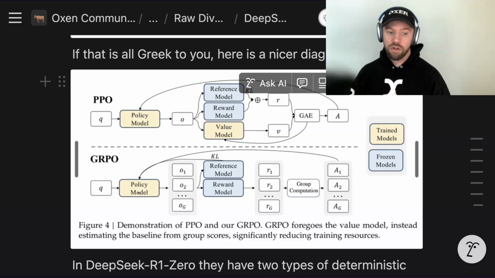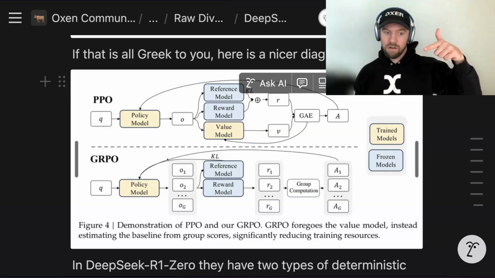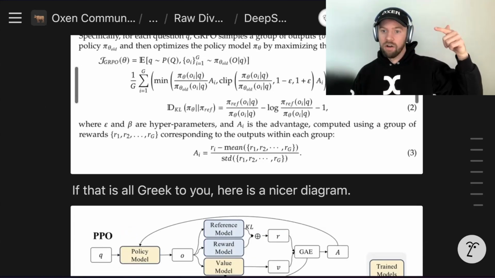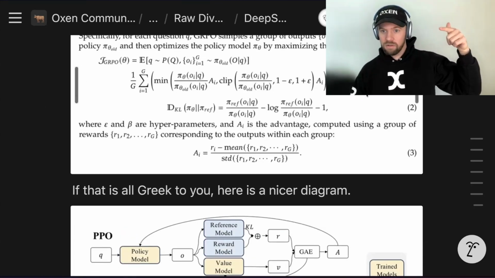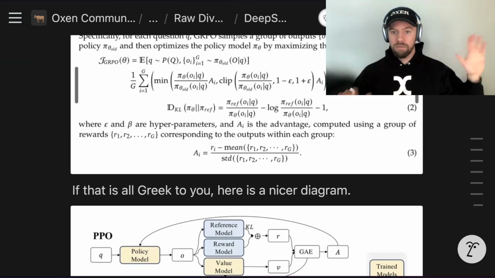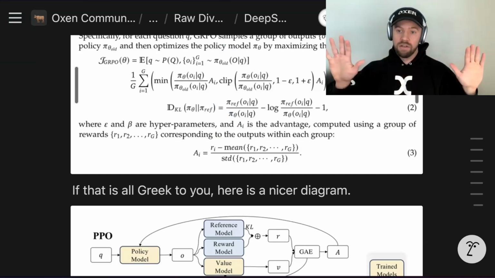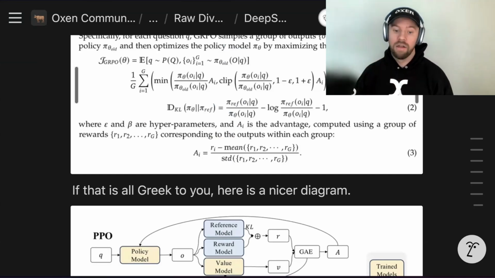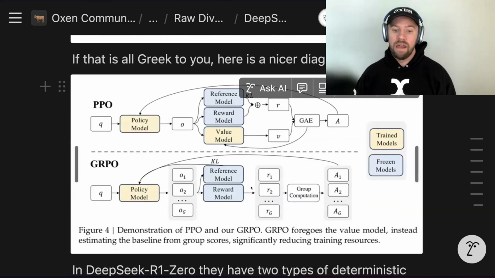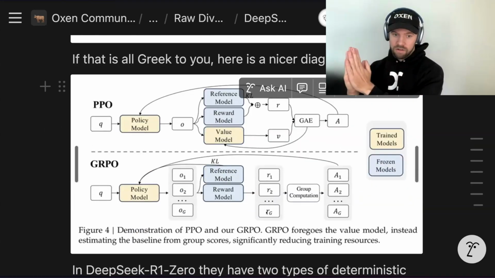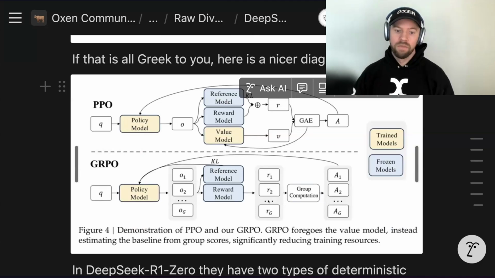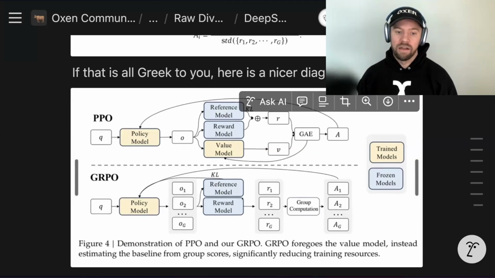You make sure the new model that you're training and the reference model have this term at the end that is the KL divergence of those model weights, so that the new model doesn't drift too far from the old model.